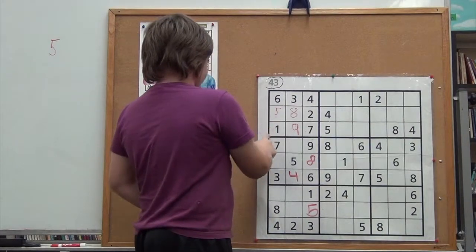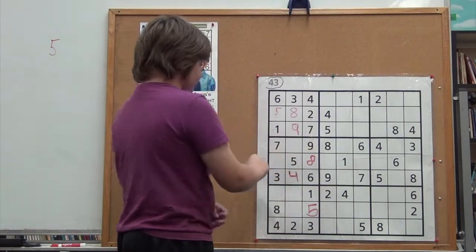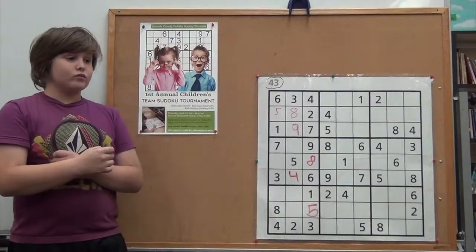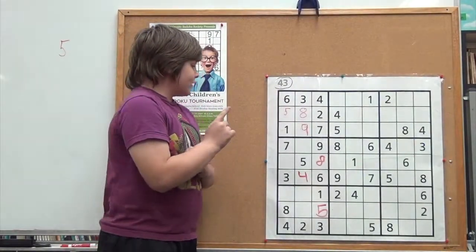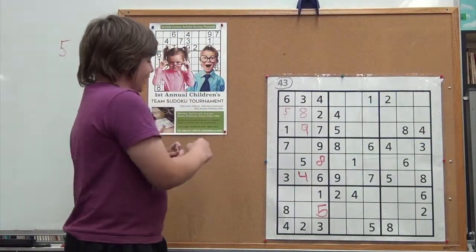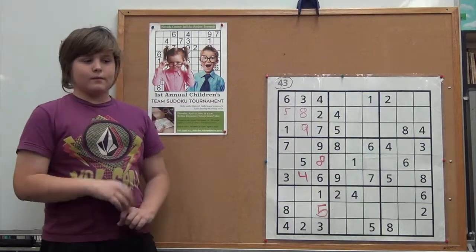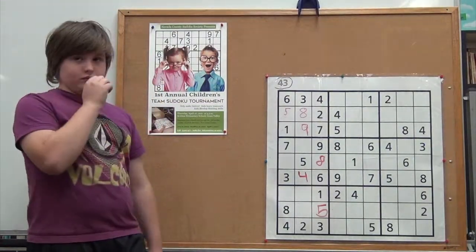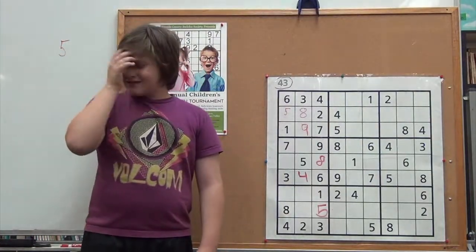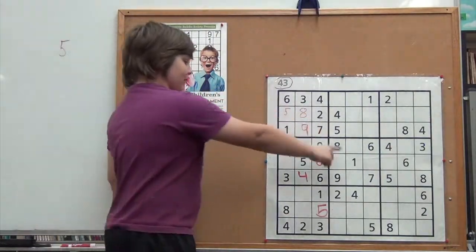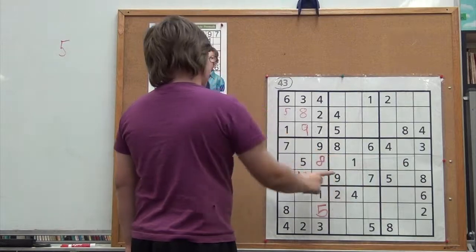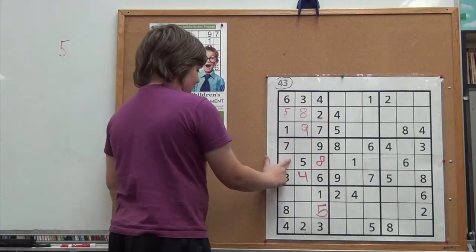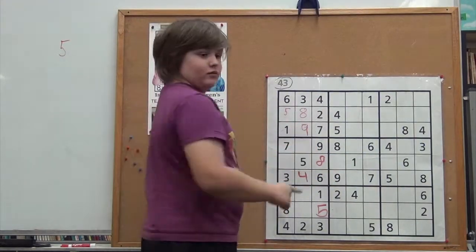Name the family you will work on. I will be working on this family. Say which numbers are needed. The numbers needed are a 1 and a 2. Say which number you will solve. I will be solving the 1. Identify eliminators. So this one here blocks off that box, so the 1 has to go here.